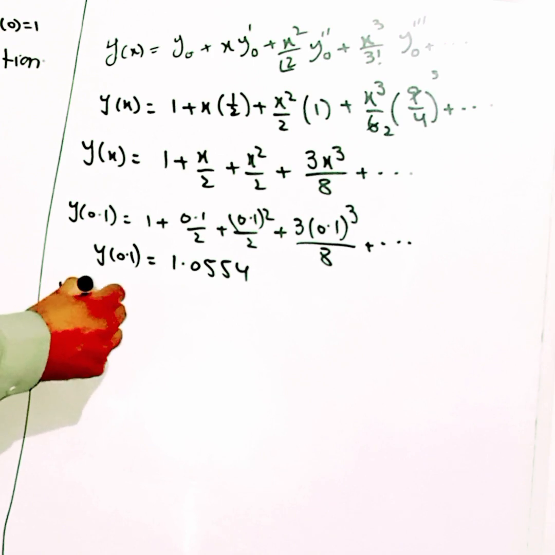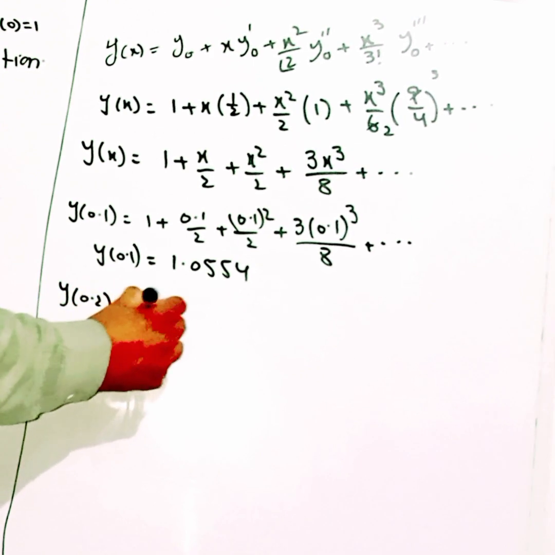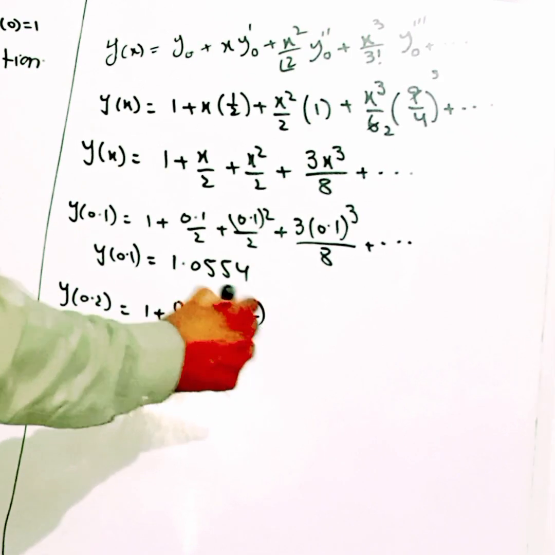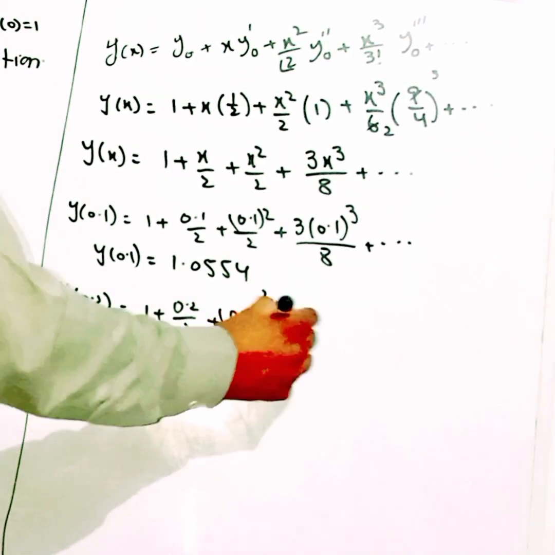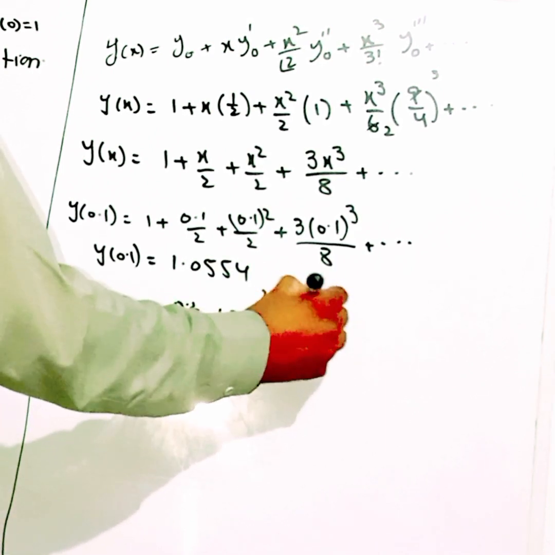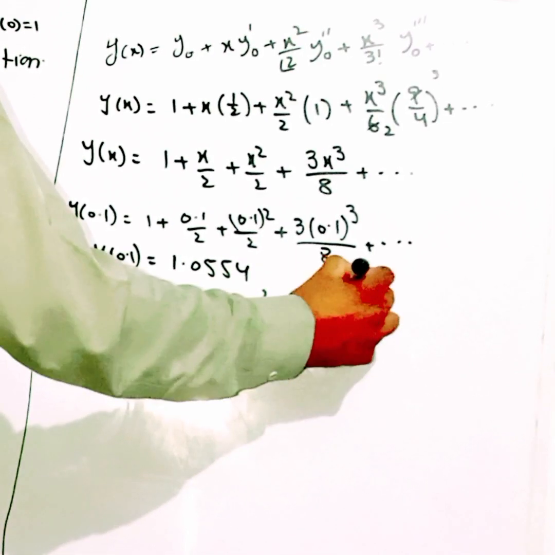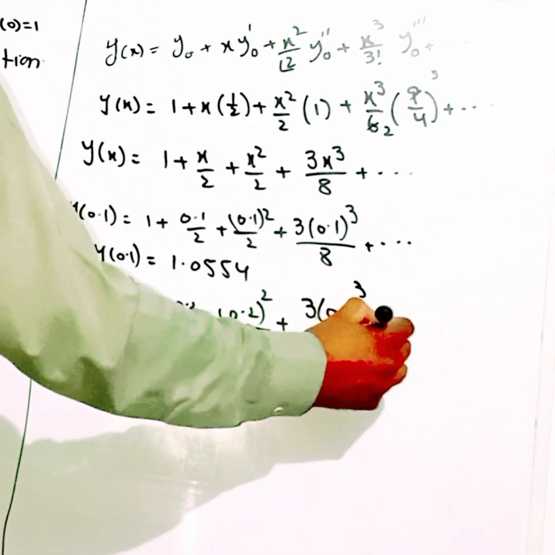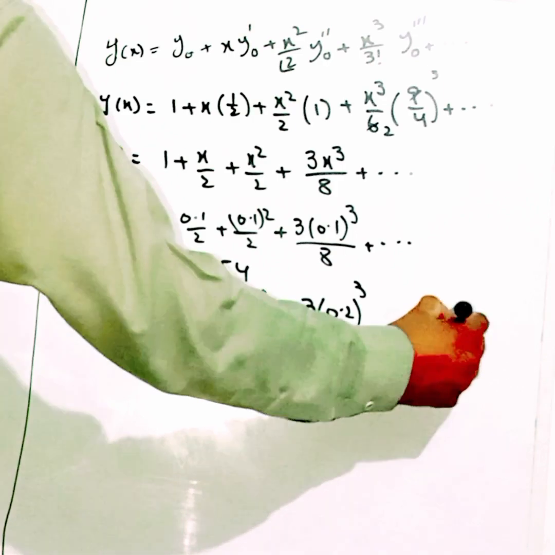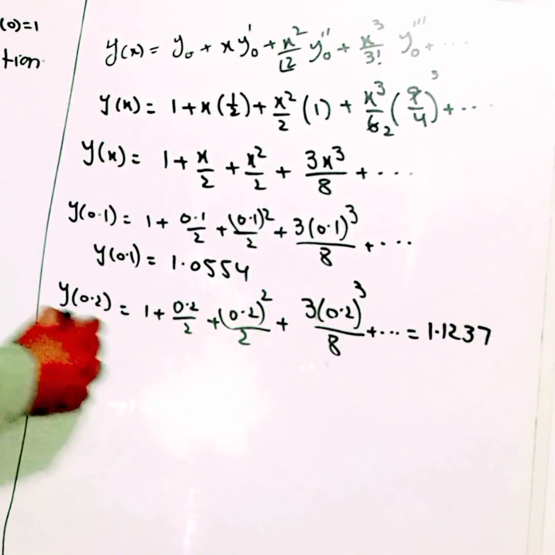Similarly, y of 0.2 equal to 1 plus 0.2 over 2 plus 0.2 square over 2 plus 3 multiplied by 0.2 cube over 8 plus so on, which is equal to 1.1237.